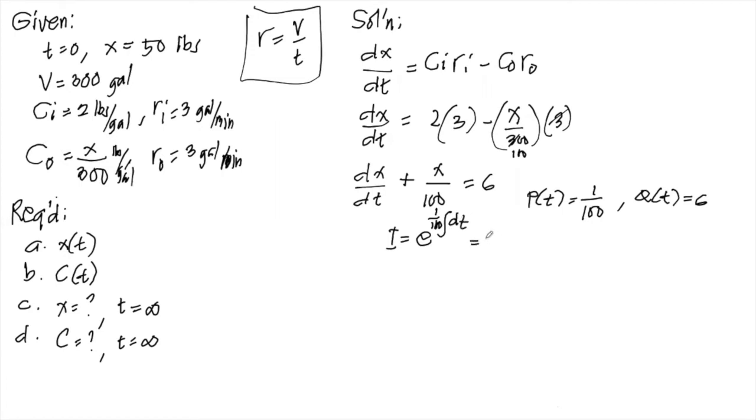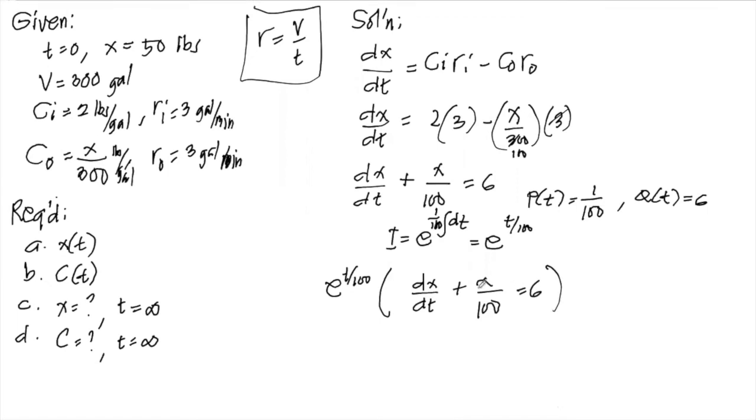And the integrating factor is e raised to t over 100. Now you multiply this to the standard form. So e raised to t over 100. Importante na ipapakita niyo pa rin sa akin na yung pag-multiply. So dx over dt. And then after nito, proceed ka na dun sa shortcut na tinuturo ko. X over 100 equals 6.